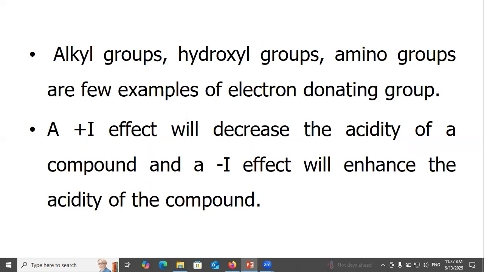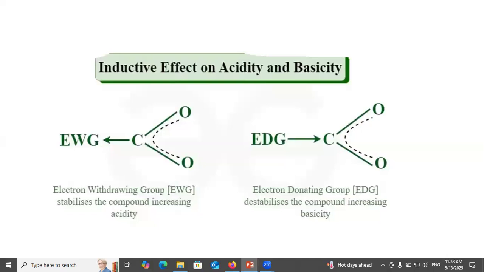A positive inductive effect will decrease the acidity of a compound, and a negative inductive effect enhances the acidity of the compound. In this example of inductive effect on acidity and basicity, electron withdrawing groups stabilize the compound, increasing acidity. Electron donating groups destabilize the compound, increasing basicity.